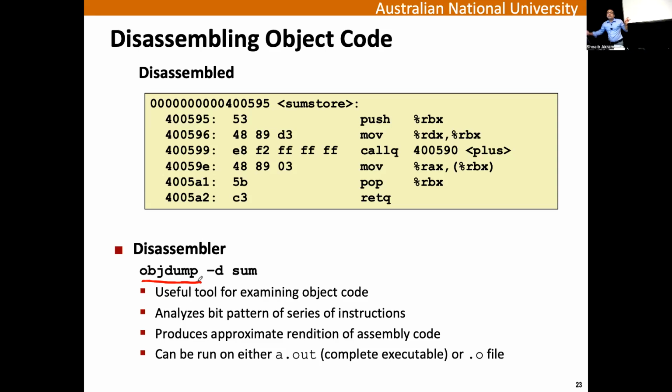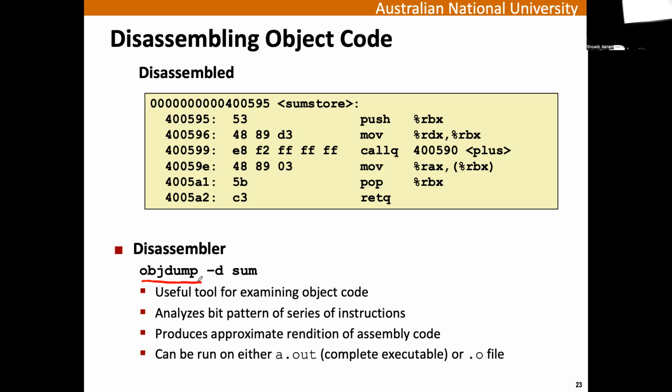Okay, what are the two ways of producing assembly code that we have so far studied? One is what? Number one, we write C code and we do what? GCC minus capital S, we get assembly, right? The other way, produce the executable or object code and disassemble, right?